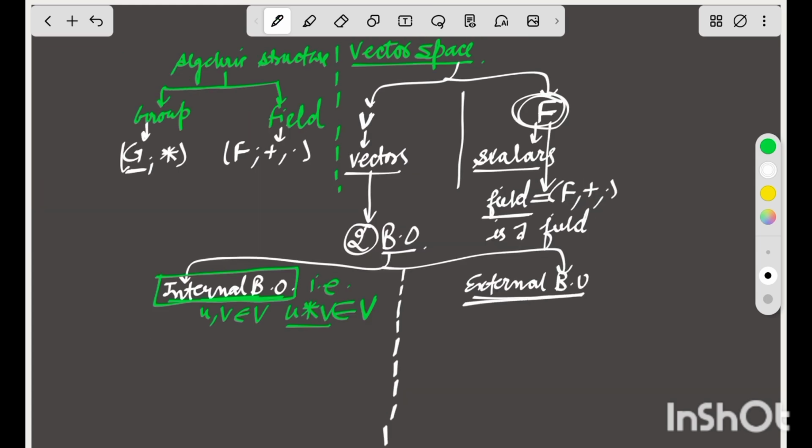However, in case of the external binary operation, we have two sets, let V and F be two non-empty sets.